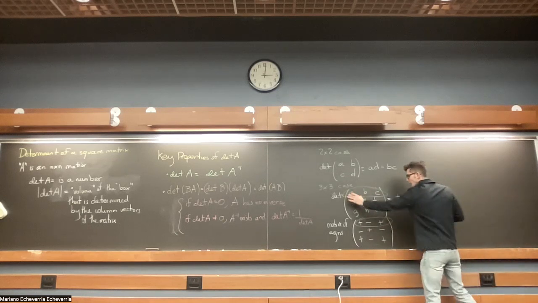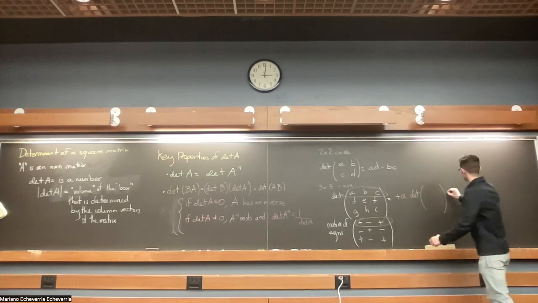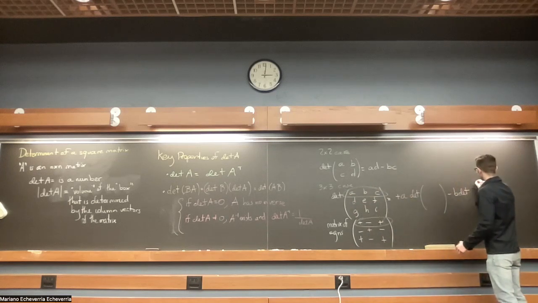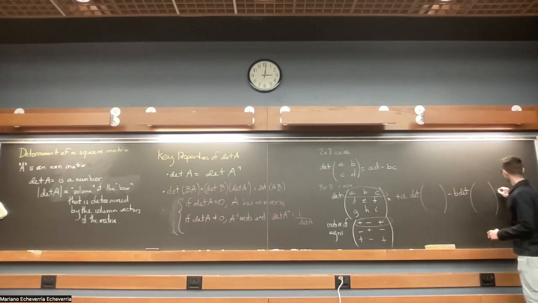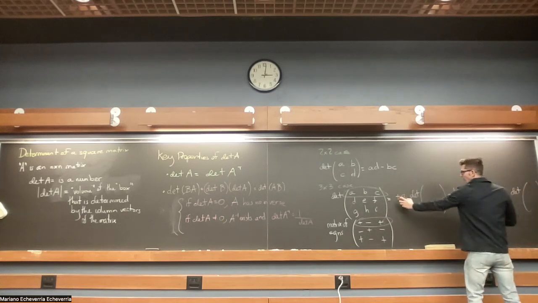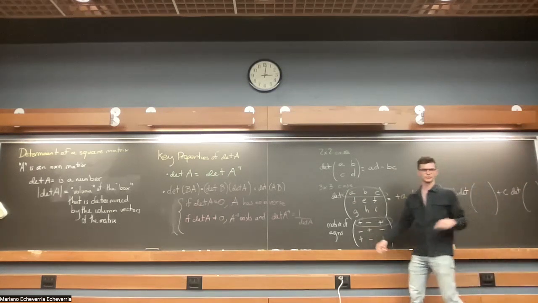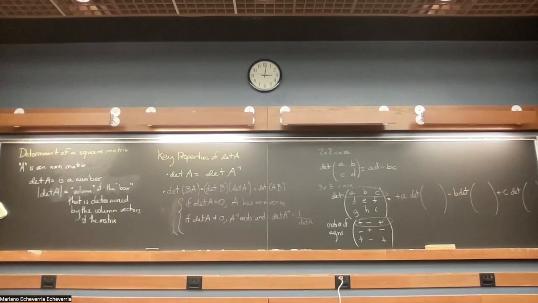So this will be plus A minus B, right? Because now the B goes with a minus. And I'll put a determinant here as well. And then plus C again, right? So if you look at it, it's again plus A minus B plus C, and the choices of signs are coming from this matrix of signs.